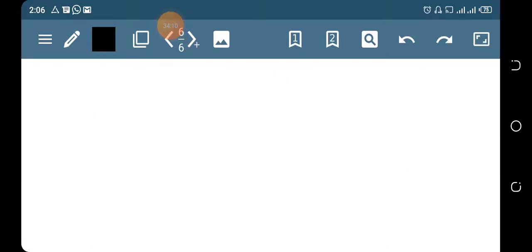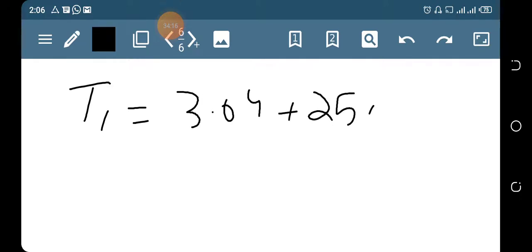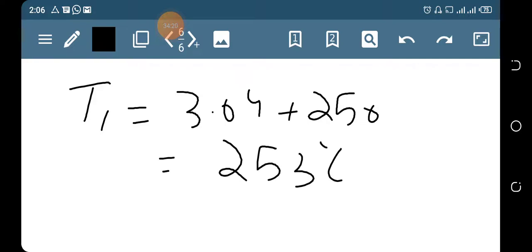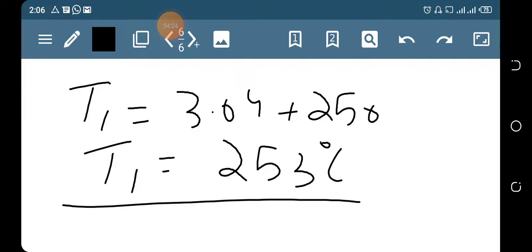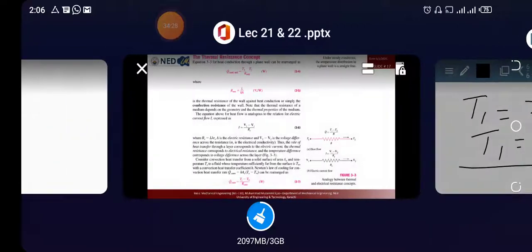Now we get the value T1 equal to 3.04 plus 250, that is 253 degrees centigrade. So we find out the value of the inner surface, or bottom surface, of the plate.